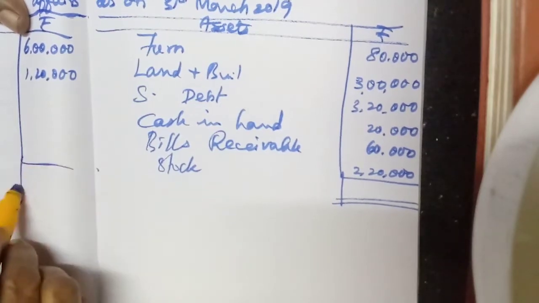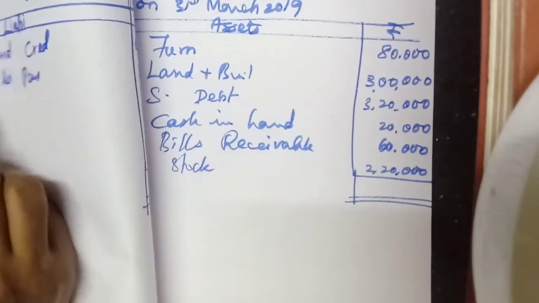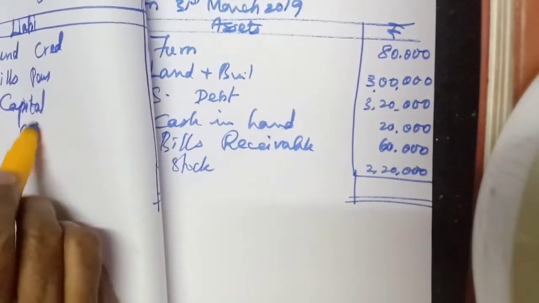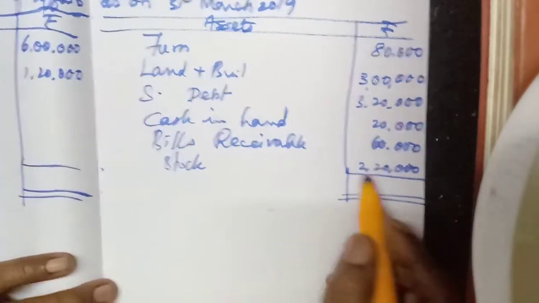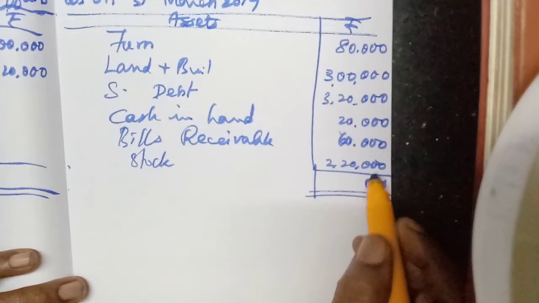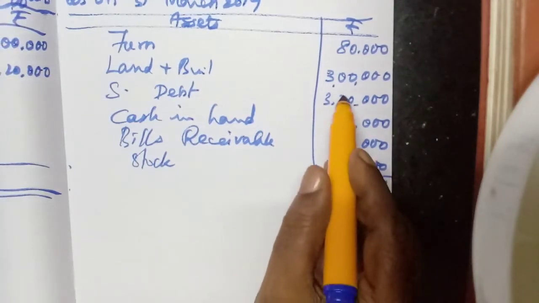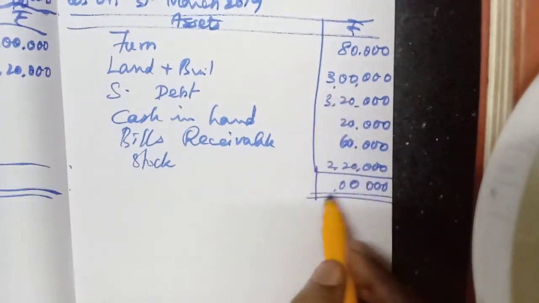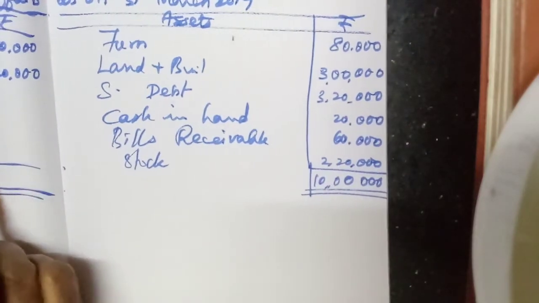Okay. Here we should write the balancing figure as capital. Balancing figure. Write, add and write 0, 0, 0. Then 4 also 0, 8, 10, 12, 20, balance 2, 5, 8, 10. 10 lakh. Here you write 10 lakh.